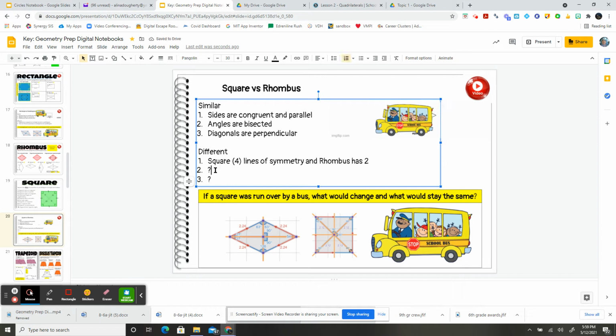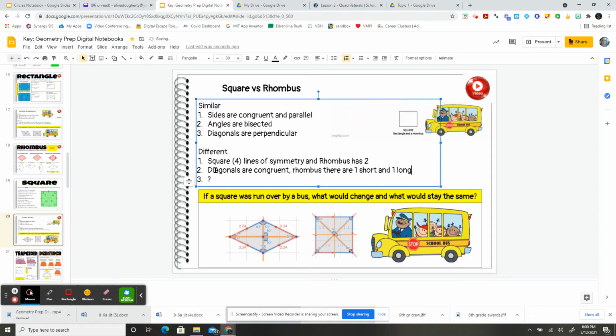In the square, the diagonals are congruent. And in the rhombus, there are 1 short and 1 long.